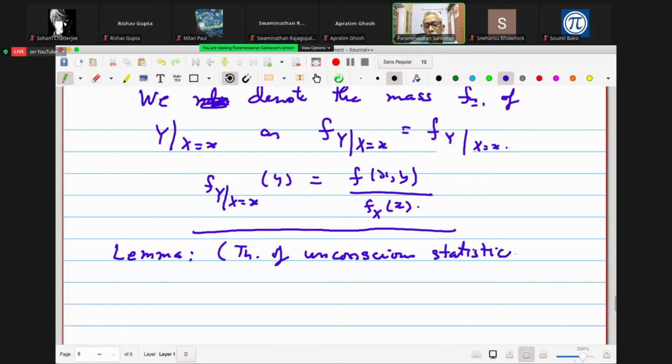So what is it? Suppose that X and Y are discrete random variables, and g of x comma y is a function, any function.